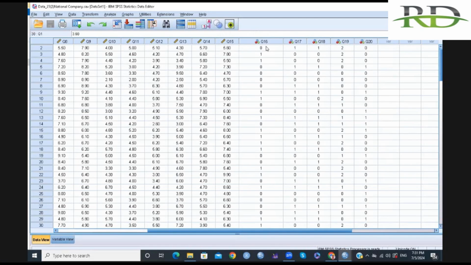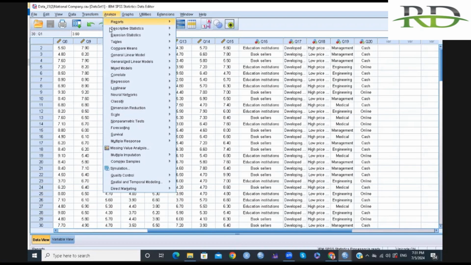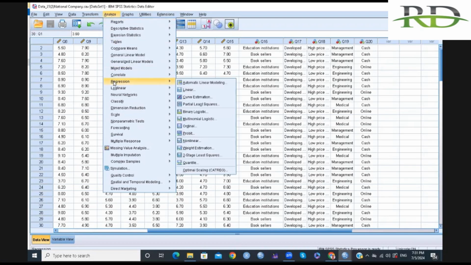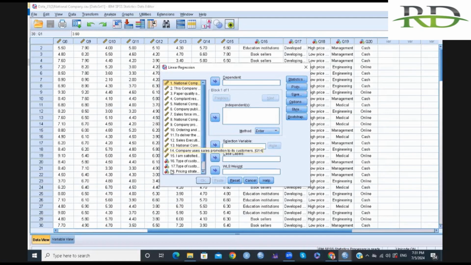We have these categorical variables as well. So now let us do it. Just go to analyze, then go to regression, and then go for linear.